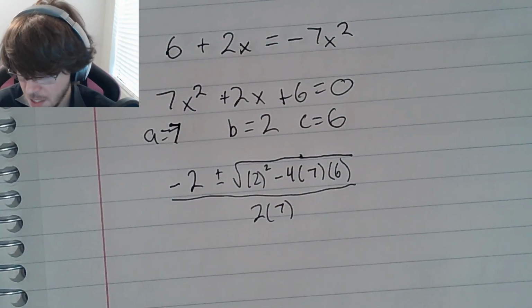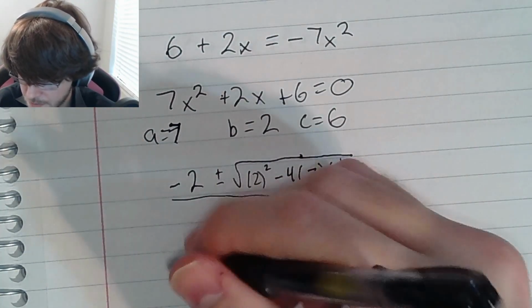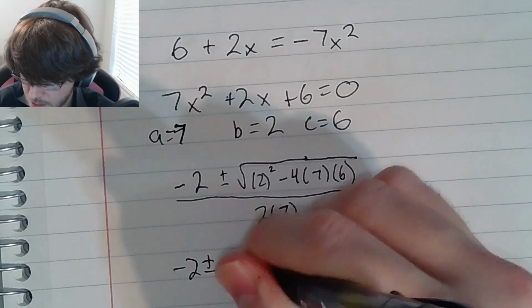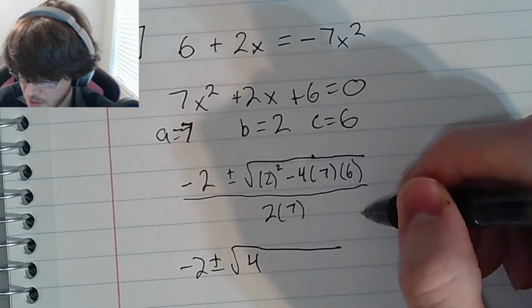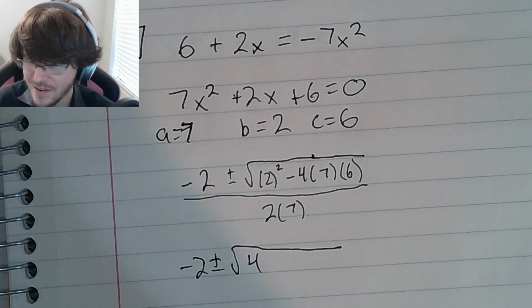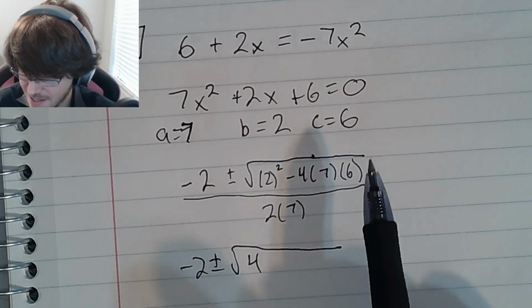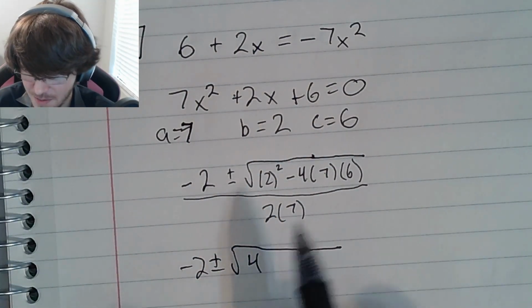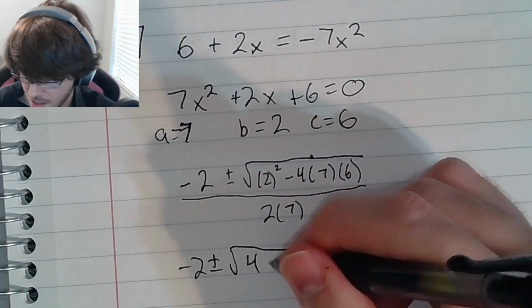Okay, let's go. Continuing on, we have negative 2 plus or minus the square root. 2 squared is 4. 4 times 7 is 28. 28 times 6, you probably really want a calculator at this point in time. What are you going to get when you get 28 times 6? That's going to be 30 times 6, which is 180, and then you subtract 12. Yeah, then you subtract 12, so you get 168.